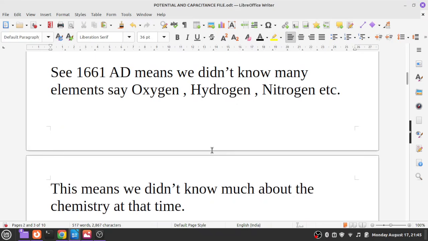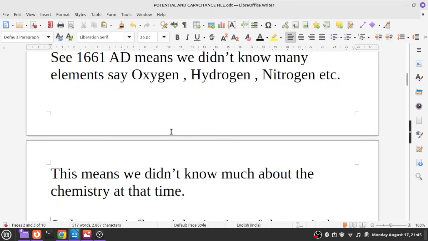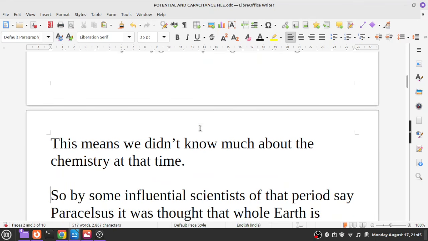We knew only very few elements, some 15 elements, most of them metals. Not a single gas was known to chemists of 1661.